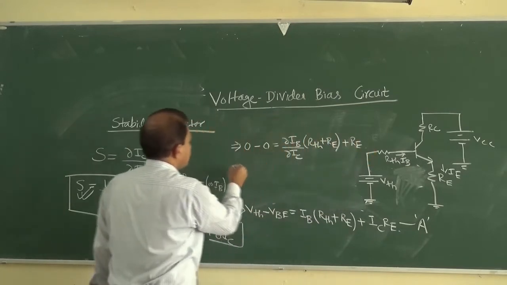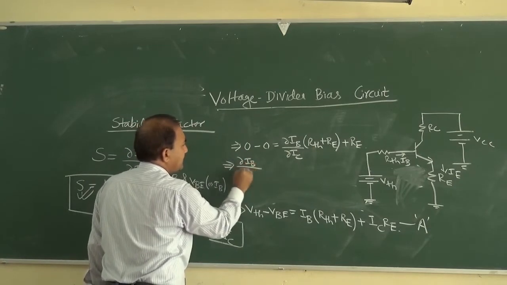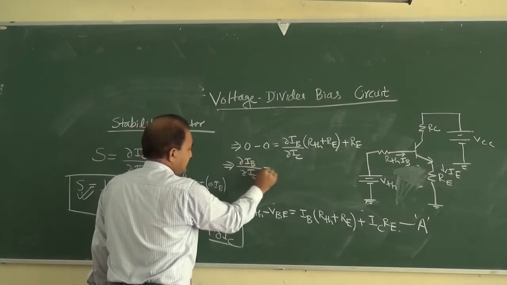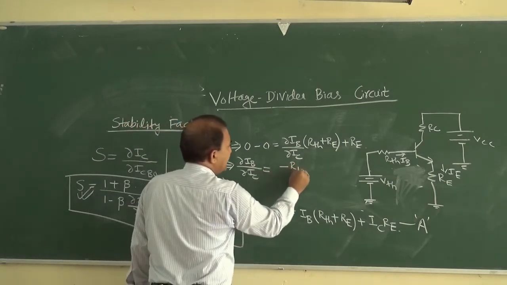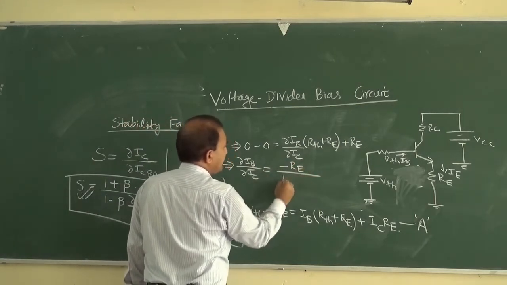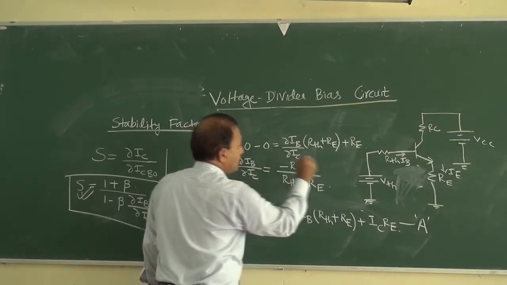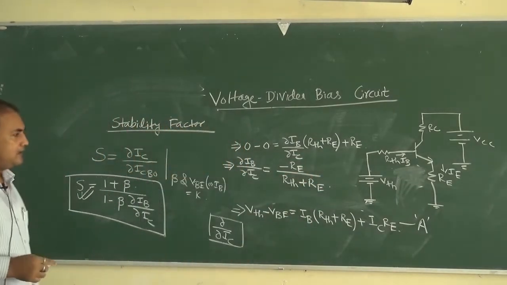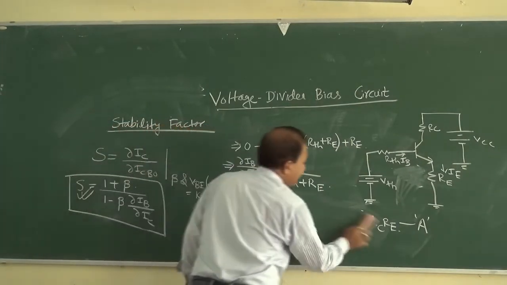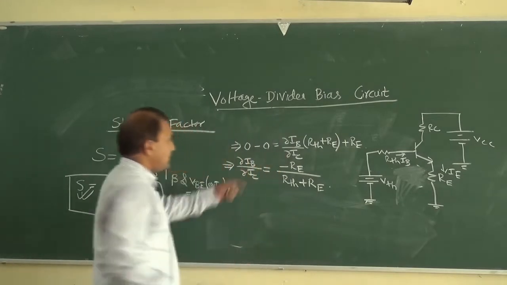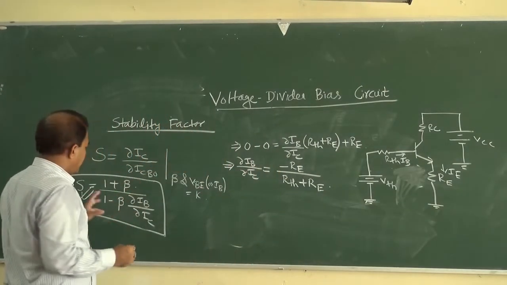So from this we can write del IB divided by del IC equal to minus RE divided by RTH plus RE.